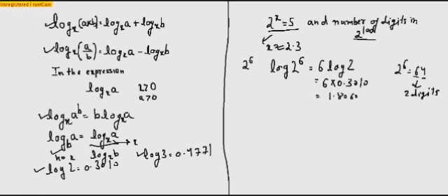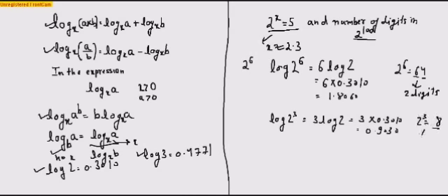Let's see what happens in case of 2 to the power 3. Log 2 cube is equal to 3 log 2 is equal to 3 into 0.3010, that is equal to 0.9030, and number of digits in 2 cube equal to 8 is 1 digit.